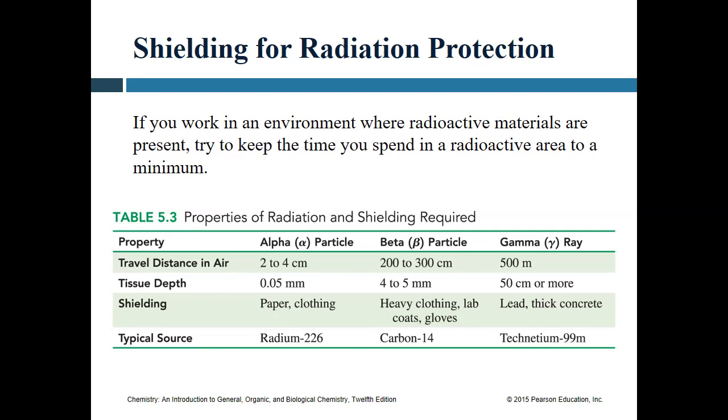For gamma radiation, that high energy stuff, we're talking about 500 meters. So half a kilometer, that's about 0.3 of a mile, give or take. Tissue depth, basically it can go through you. 50 centimeters, that's about 20 inches.